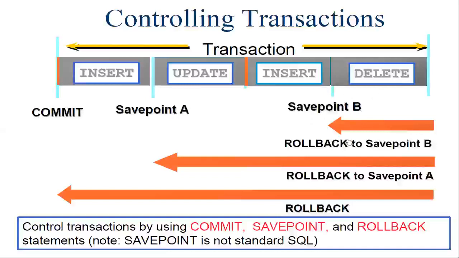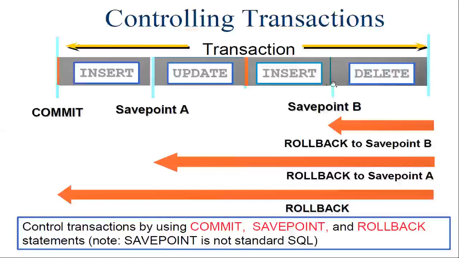And then here you can see rollback to save point B. Suppose you are performing the delete, and from this point you execute rollback to save point B. What will happen? The last command you performed, that is delete, will be revoked, that is cancelled, and whatever data was available up to this point, after the completion of the insert, you can get back.